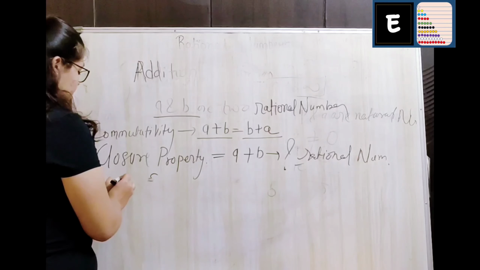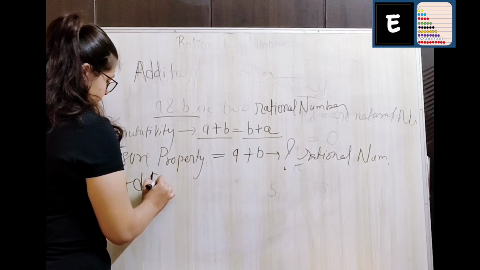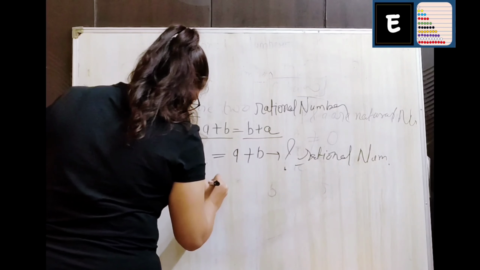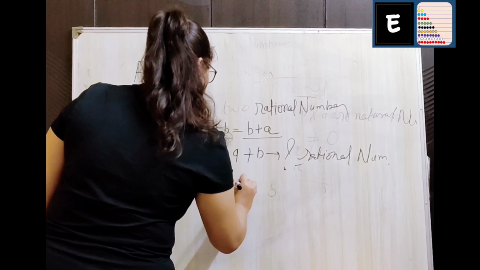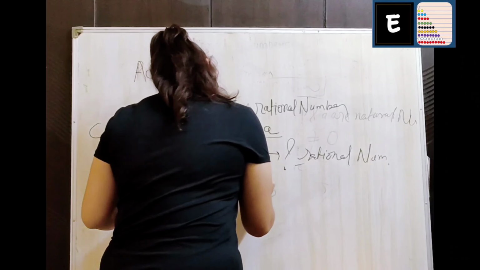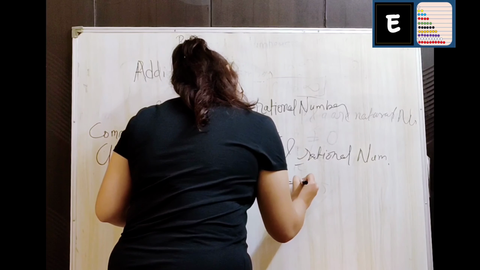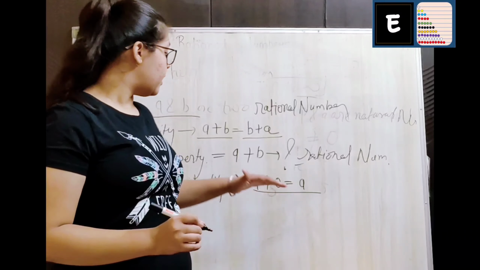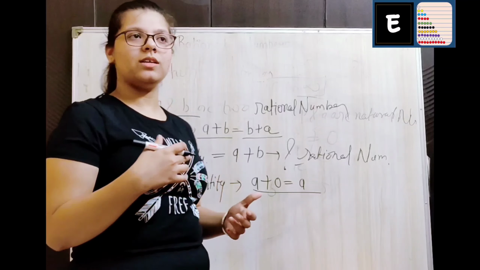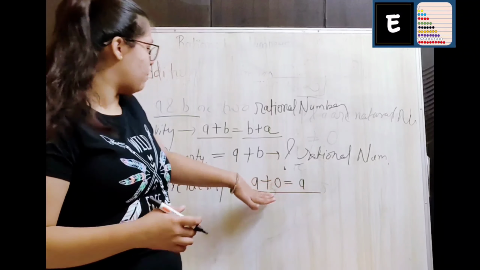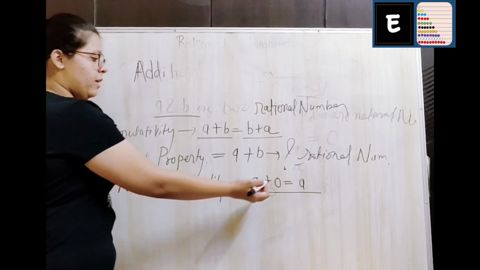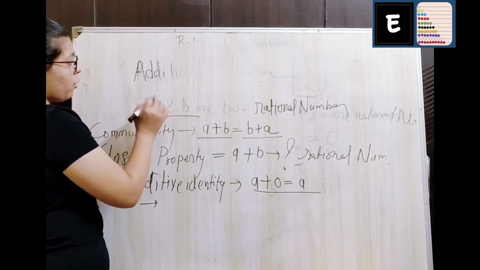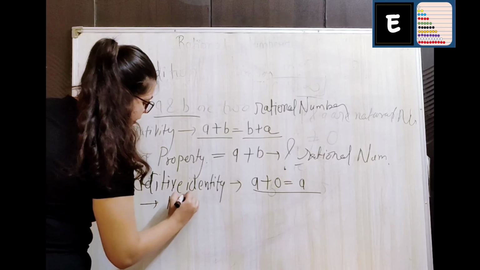Next we have existence of additive identity. What is additive identity? Additive identity means that if we add any rational number to a certain number, we should get the same number as the answer. For example, if we add a with 0 we get a. So for any rational number, for the property of addition, the additive identity is 0.